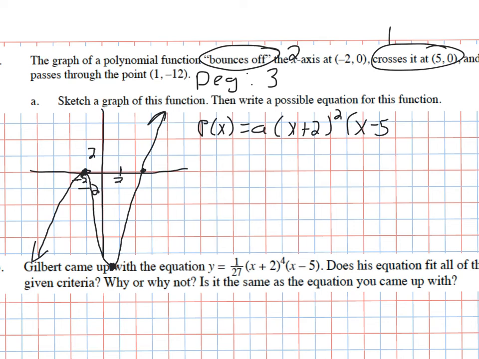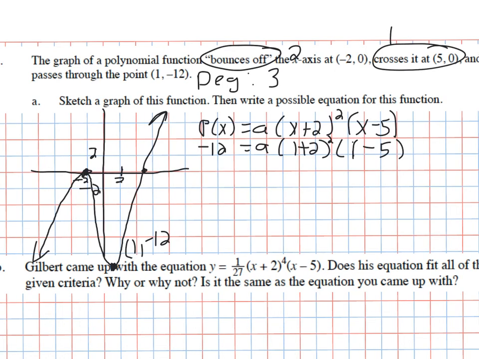My a value can be found by using that point, positive 1, negative 12. Y is negative 12. At 1, (1 plus 2) squared and (1 minus 5).